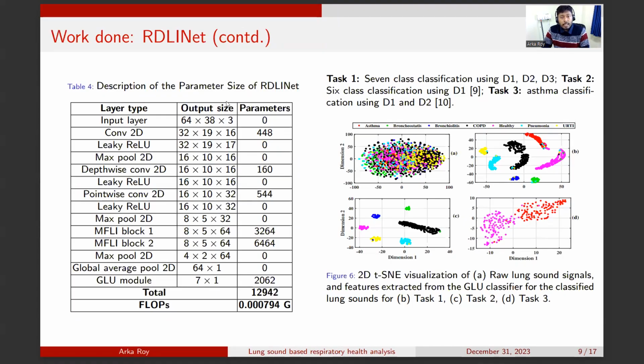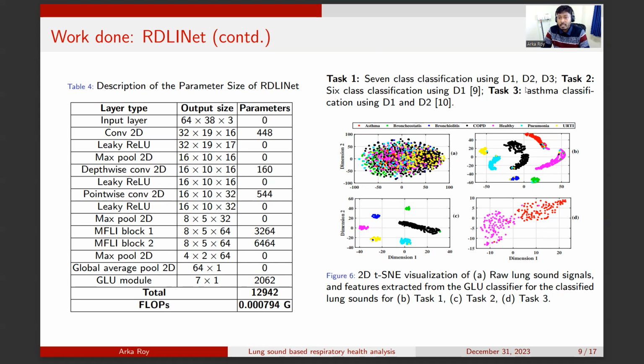To show that the RDLI-net is really a lightweight network, we have shown the parameter study, and we can see that it requires only 12,942 parameters to construct the whole model, even though the model comprises 42 layers. And this is the TSNE plot of the raw lung sound. We have done 3 tasks.